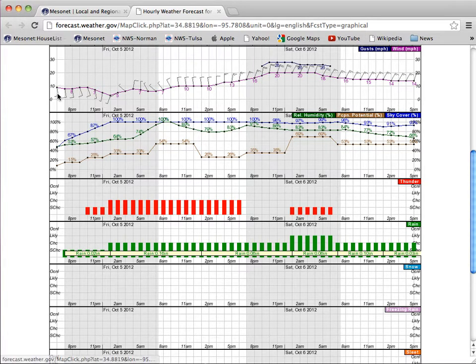wind. Moving across, we can see how that wind direction shifts over to the west at 2 a.m. Then at 3 a.m., that wind is now out of the northwest, and by 4 a.m., it is actually out of the north.